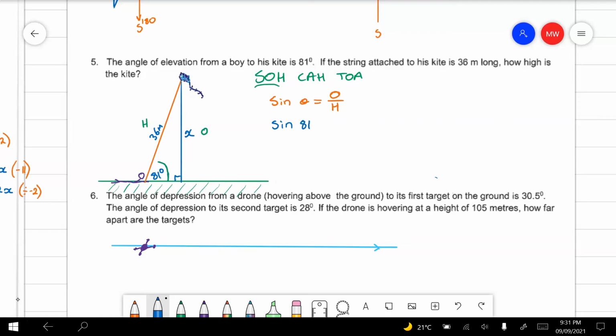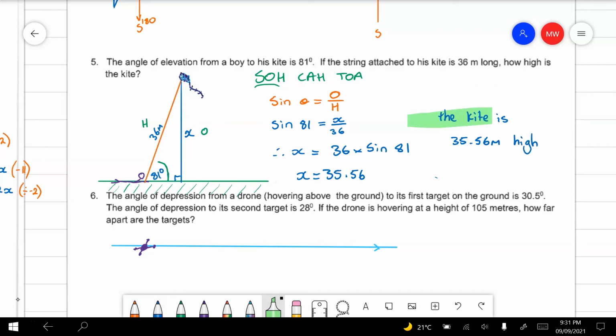Sine 81 will be x over 36. That means that x is going to be 36 times sine 81. Now I'll just put it in my calculator, and x will be 35.56. So the kite is 35.56 meters high.